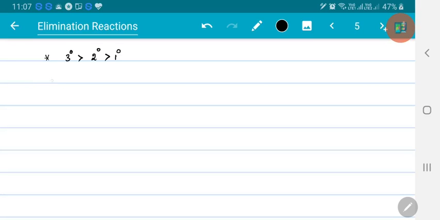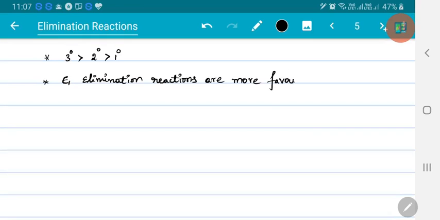And here we need to understand a few more important points. These E1 elimination reactions are more favorable with low concentrations of base, as well as poor bases.